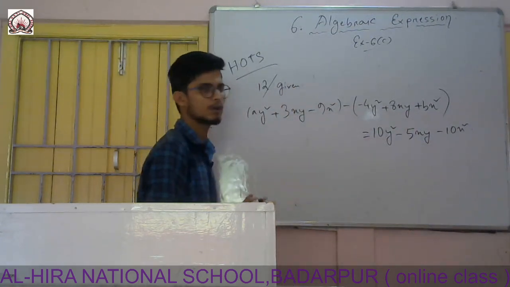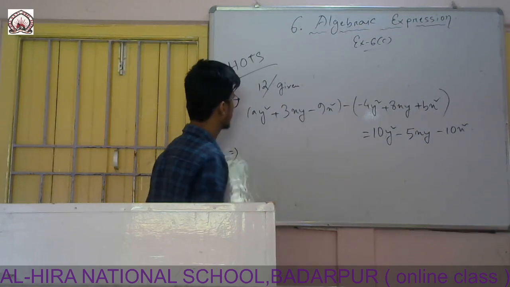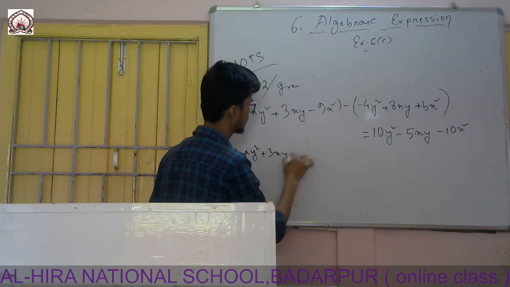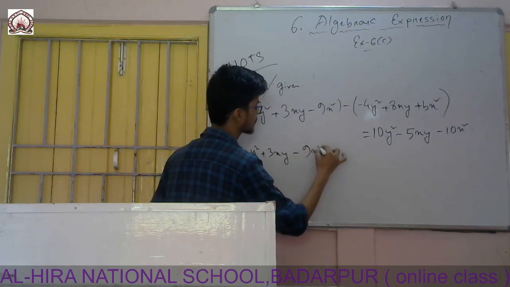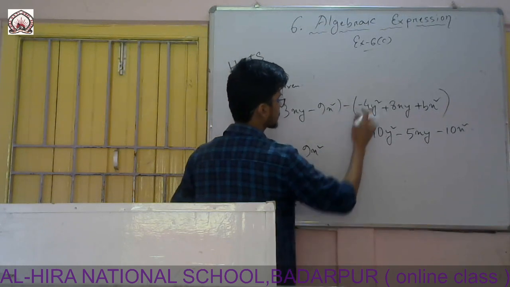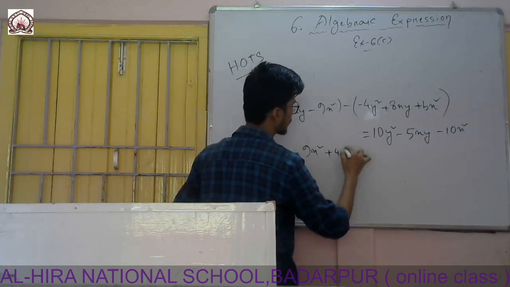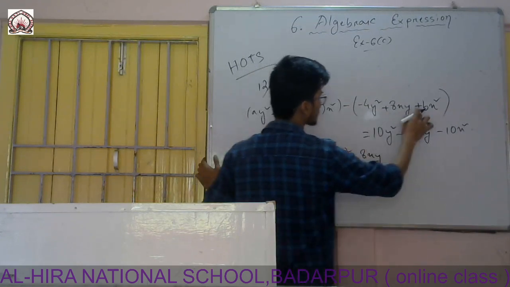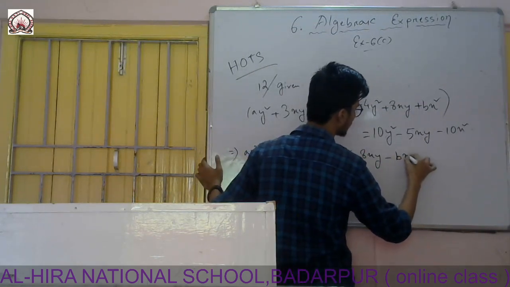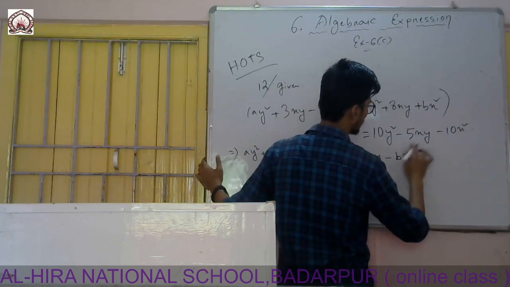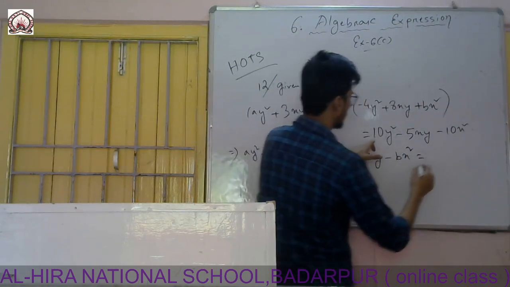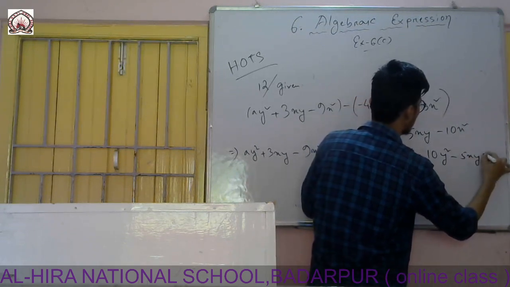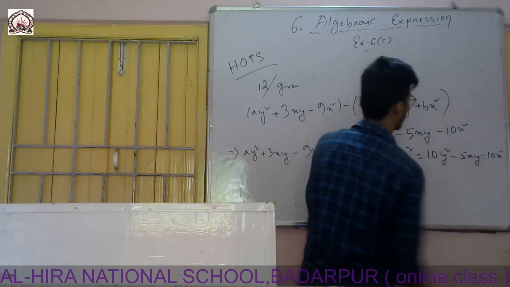So first of all I have to solve this one. So let me solve. It will be the same: a y square plus 3xy minus 9x square, minus minus it is plus 4y square, minus plus it is minus 8xy, and minus plus it is again minus b x square. Now I will give an equal sign and I will write this part the same, 10y square minus 5xy minus 10x square.